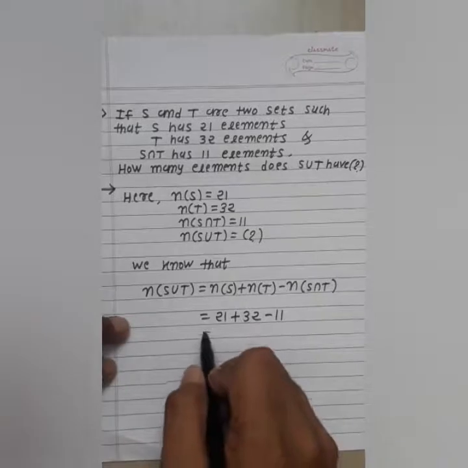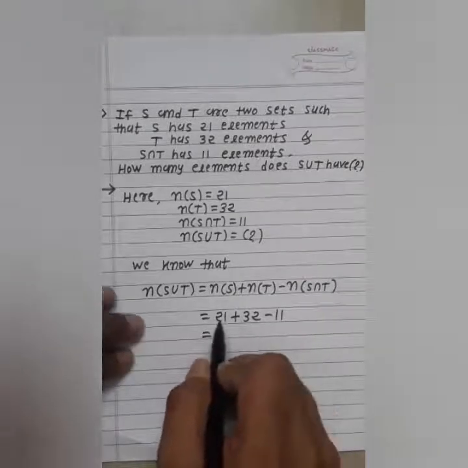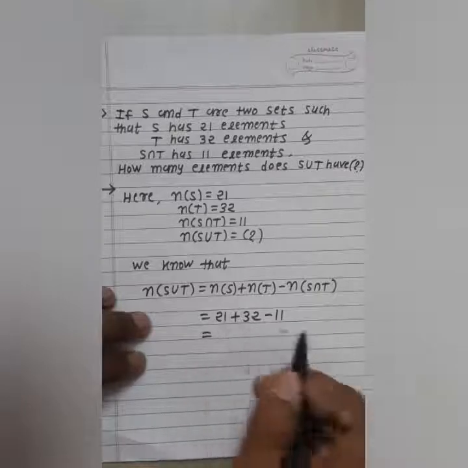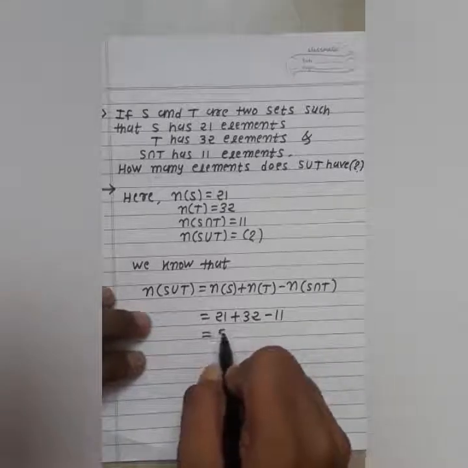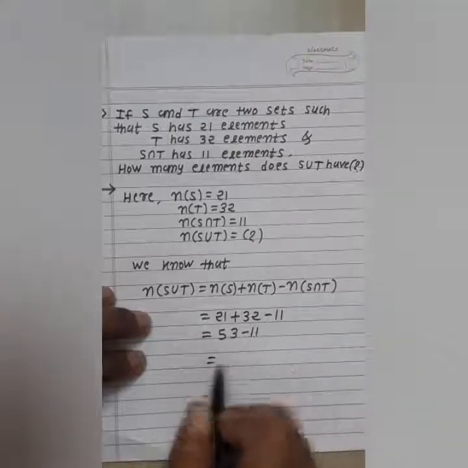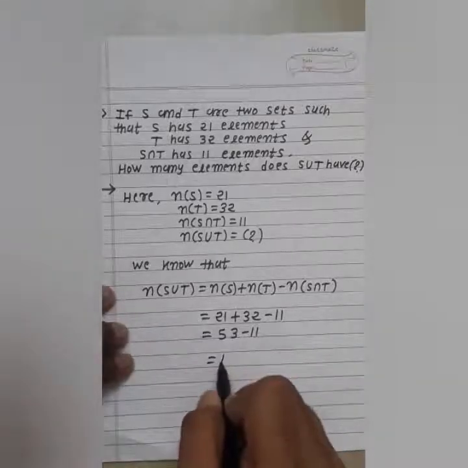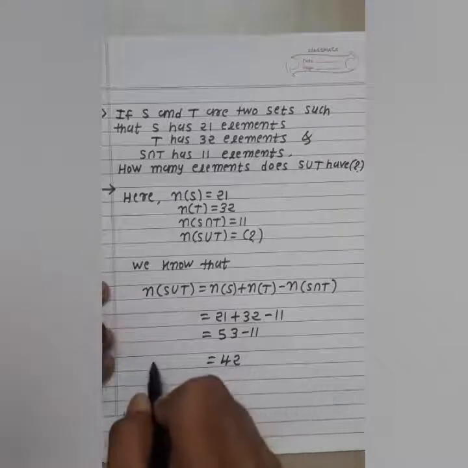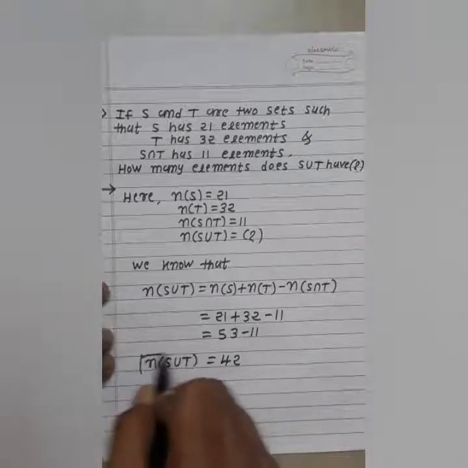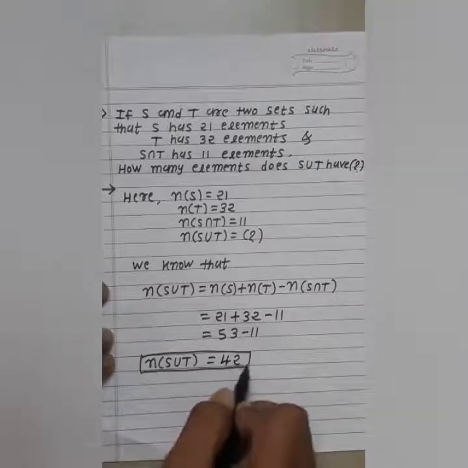So 32 plus 21 is 53, minus 11. Now subtracting, we get 42. So n of S union T is equal to 42.